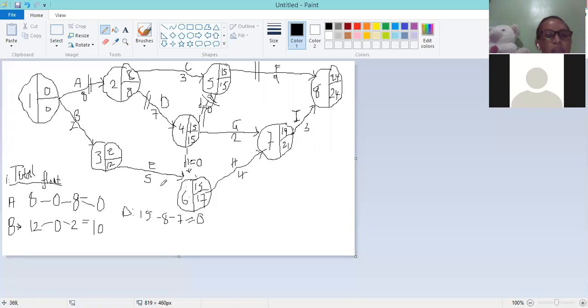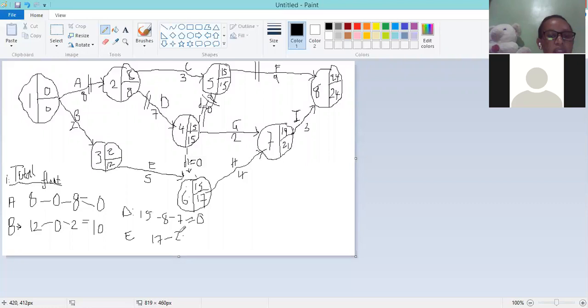Let's see what will happen to an activity like E here, which was a non-critical activity. To compute the total float for activity E, what do I do? I'm going to take this 17 here. Then I minus 2, the earliest event time of number 3.